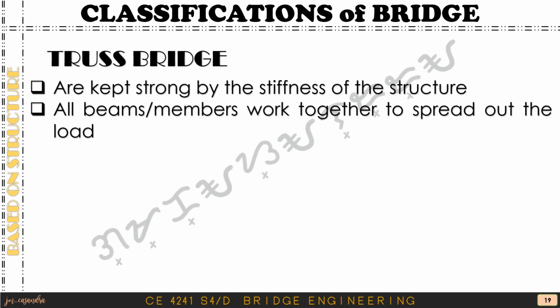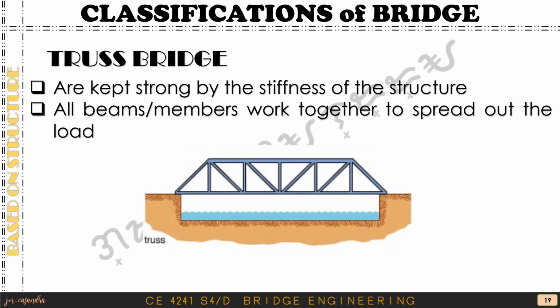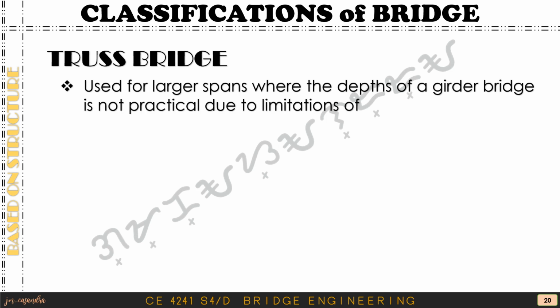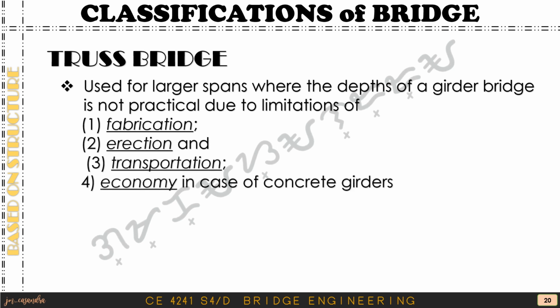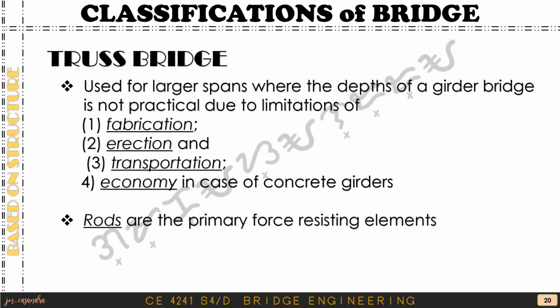Okay. Next, truss bridge. These are kept strong by the stiffness of the structure. All beams or members work together in order to spread out the load carried by the bridge. This is used for larger spans where the depth of the girder bridge is not practical due to the limitations of the following: fabrication, erection or the building, transportation, and economy in case of concrete girders.